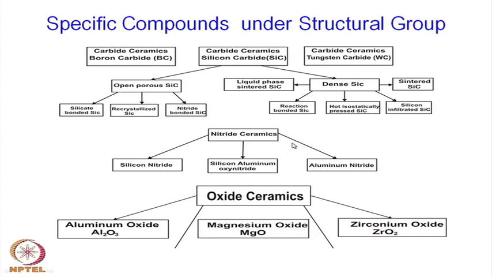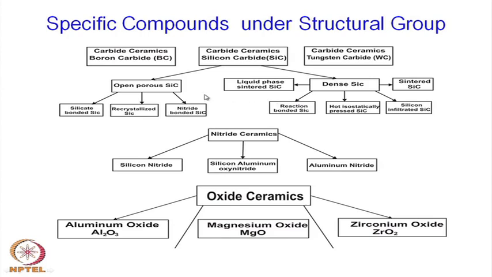So, the preparation of the raw material itself is a technology there. Okay. It cannot be done only by beneficiation or chemical purification. It needs synthesizing the compounds artificially. So, silicon and carbon have to be allowed to react together, or silicon and nitrogen, or aluminum and nitrogen, under certain conditions, and only then can you get these pure compounds.